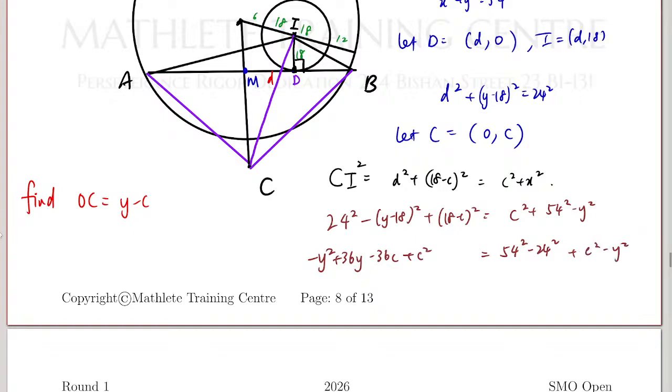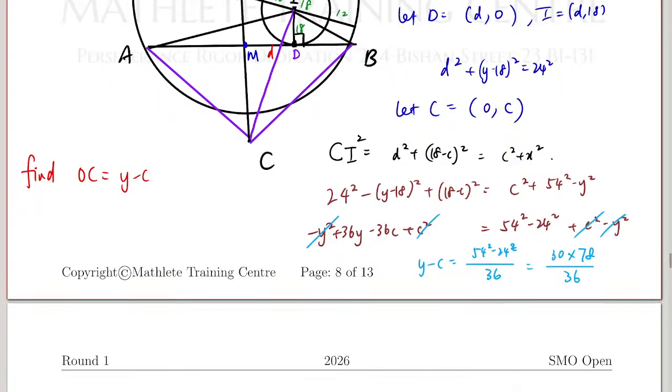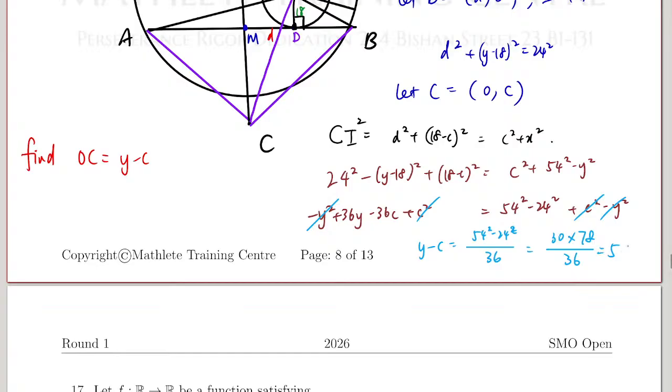Okay, so this is gone, this is gone, this is gone, this is gone. And so y minus c is in fact 54 squared minus 24 squared over 36. Oof, that was a mouthful. But anyway, we are finally at the last step. So here we can apply difference of squares. 30 times 78 over 36, you can see it's just 5 times 13, 65.